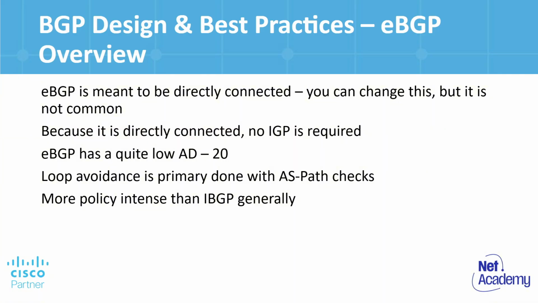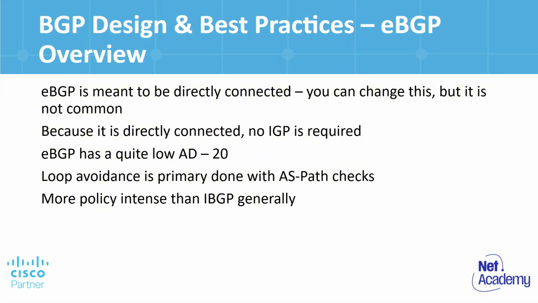Because it is typically directly connected, there is no IGP requirement in eBGP, right? Why would you have one? I mean, you're already directly connected, right? Wouldn't make any sense. Because it's directly connected and because eBGP is dealing with these external routes, it has quite a low administrative distance, 20.